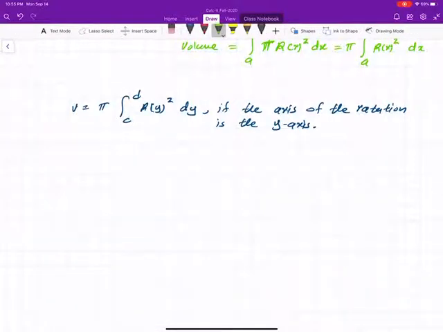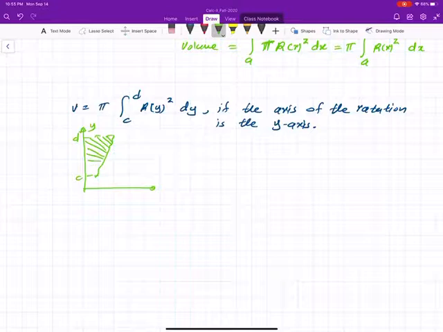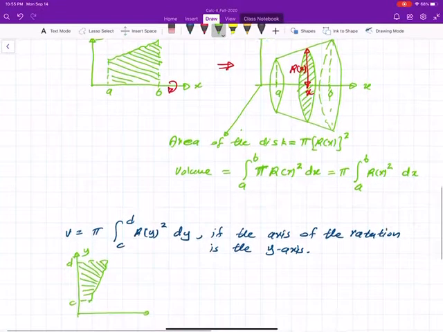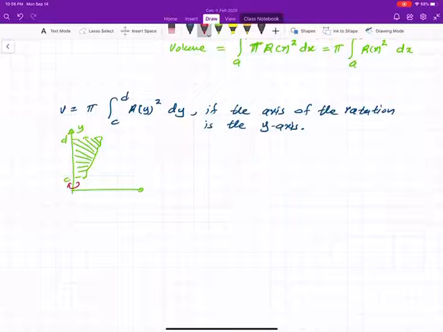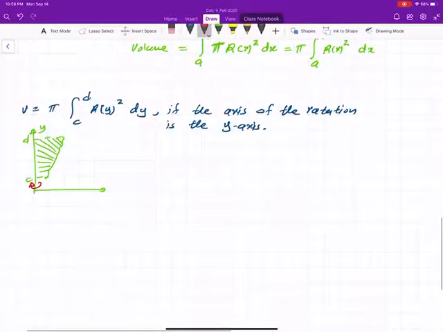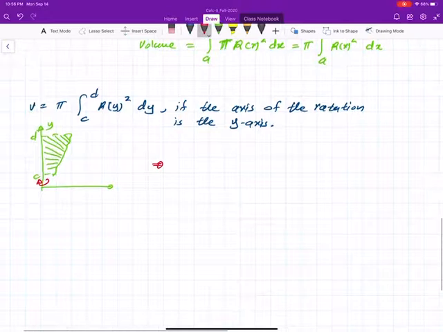Let's say this is your y-axis, and let's say that is the x-axis, and you have this curve, then this is C, that is D. You know how to compute the area of that. Right now you rotate that area about the y-axis and get this shape.